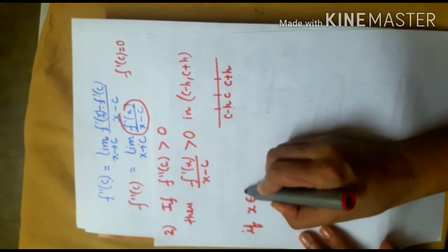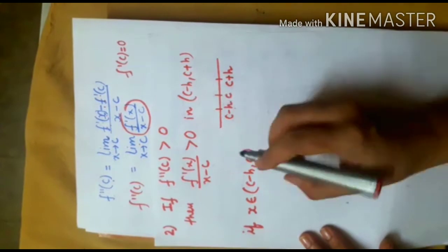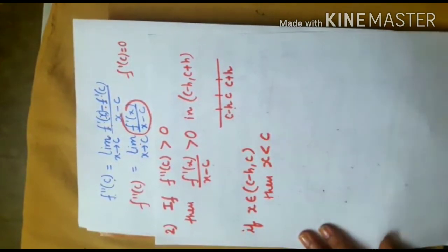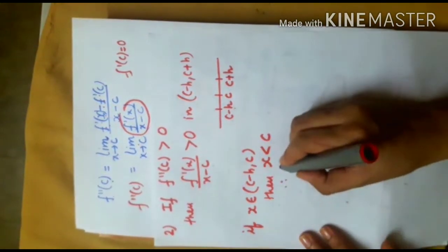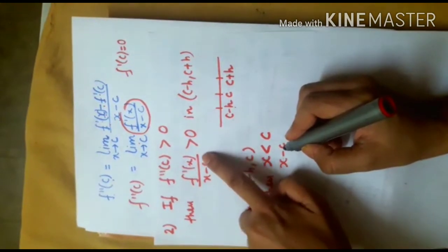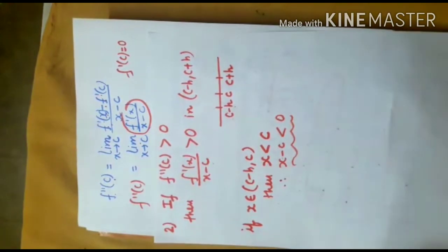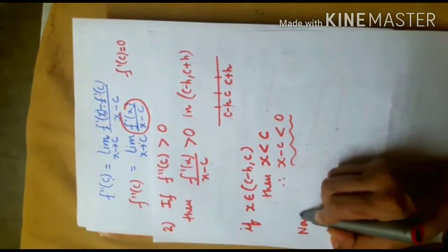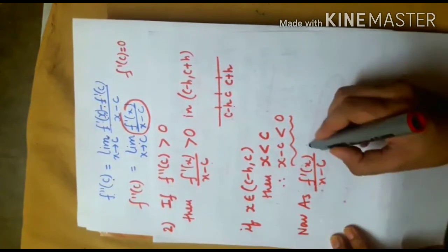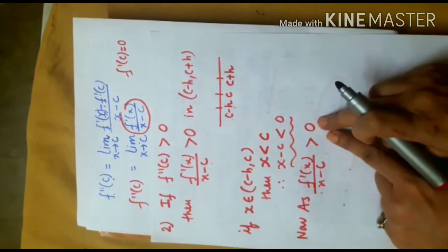If x belongs to c minus h to c, that is this part, then definitely x will be less than c. So x minus c, when x is smaller than c, has to be negative. Now, as f dash x over x minus c is greater than 0, this quantity is positive.